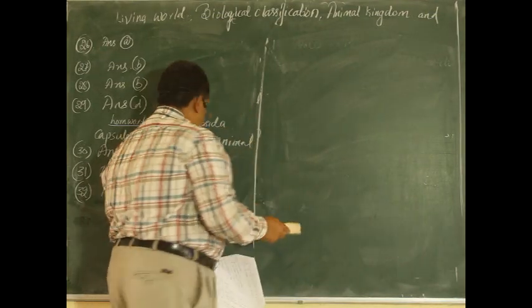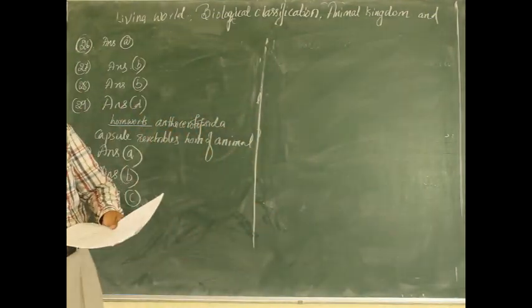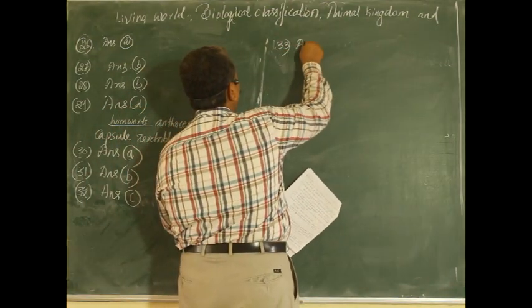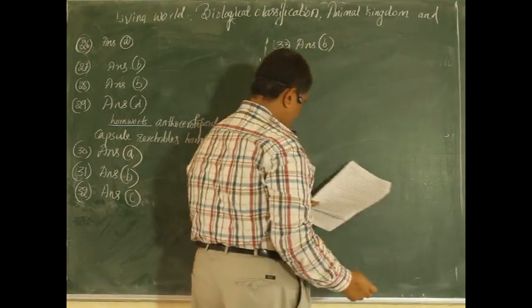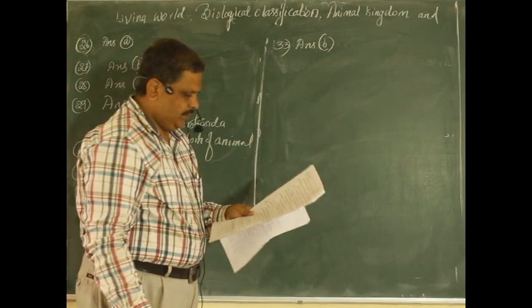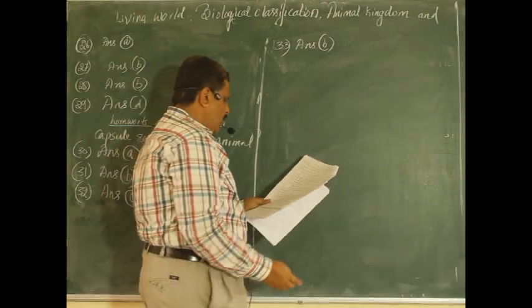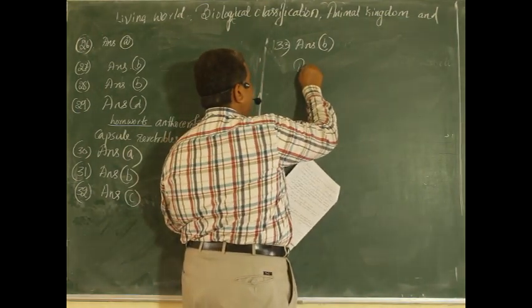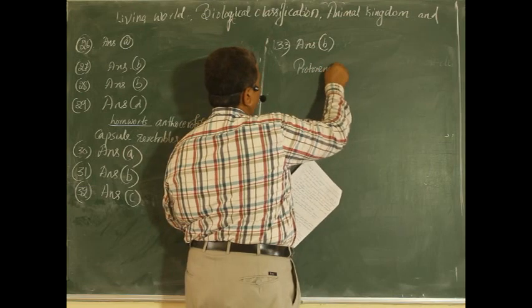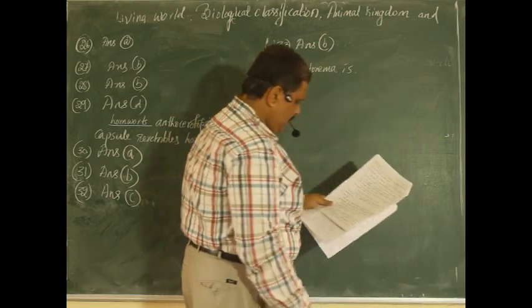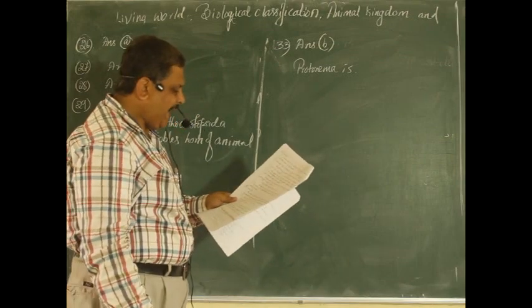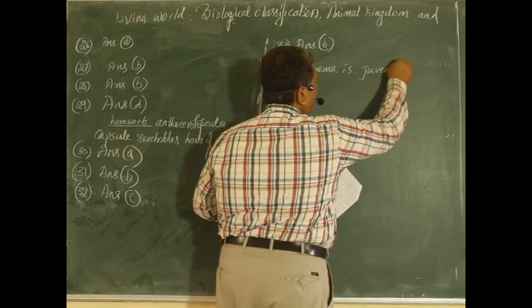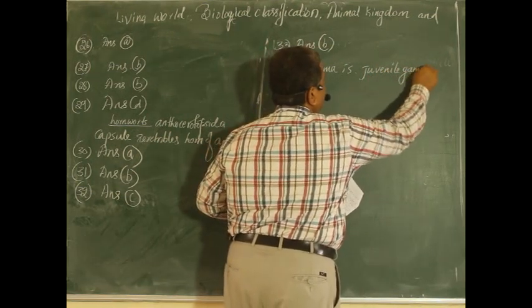The answer for this question 33 is option B. What is protonema? Protonema is the juvenile gametophyte.